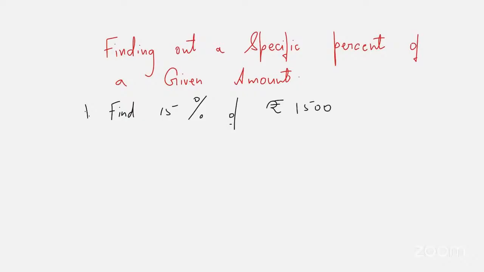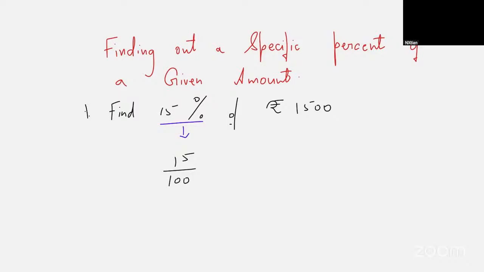What will I do? First it says 15%. Whenever a number is followed by a percent sign, you write it as 15 upon 100. Why so? Because 15% means the base here is 100.